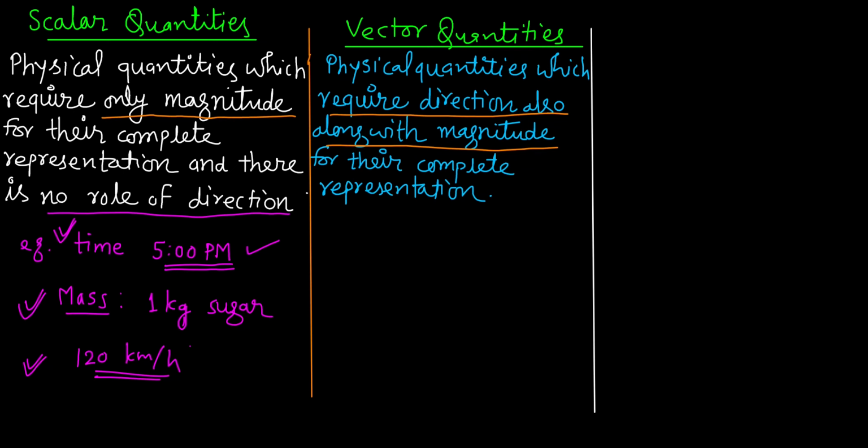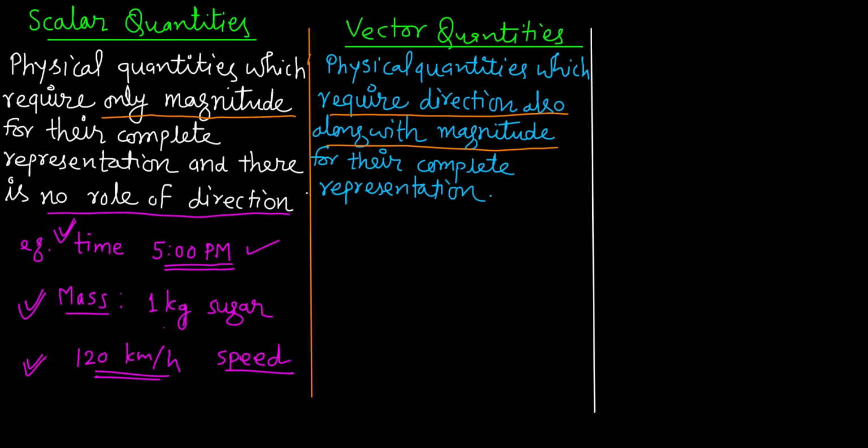Speed of the car, 120 kilometer per hour, is sufficient to completely tell the speed of the car. So speed is also a physical quantity where direction has no role. These are three examples of scalar quantities which are completely defined by their magnitude only.